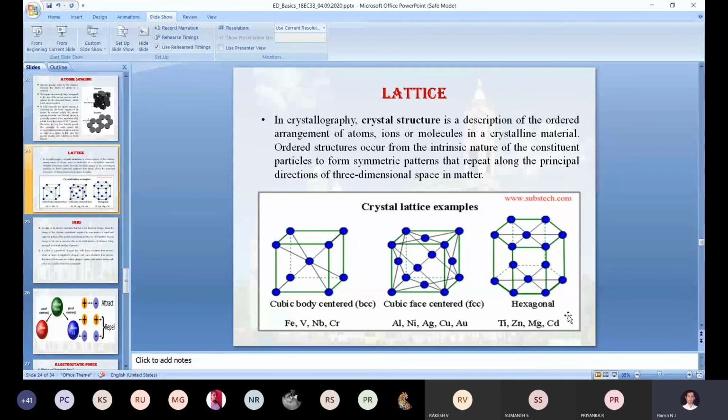You can arrange the atoms in any form. That particular shape we call by some name: cubic body centered, cubic face centered, hexagonal, pentagonal, rectangular, something like that. This is what we call a lattice.